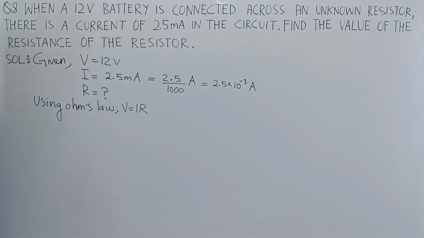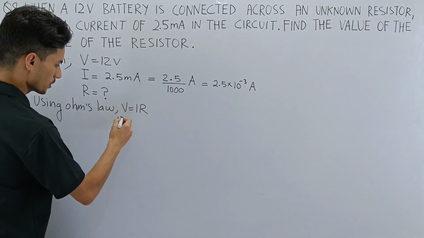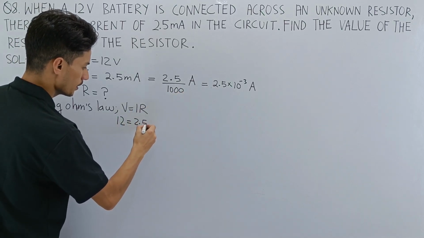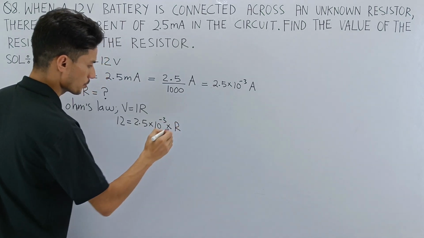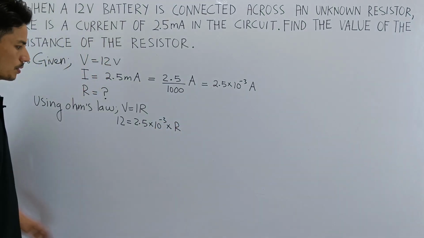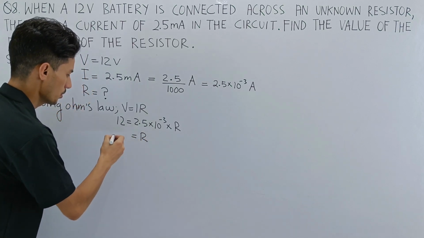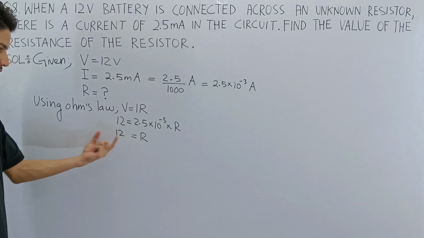All right, so V is equal to IR. What is the value of V? V value you put, which is 12. I value is here 2.5 into 10 to the power minus 3, and R value is what we are supposed to find. So keeping R where it is, 12 where it is, 2.5 into 10 to the power minus 3 goes below 12.